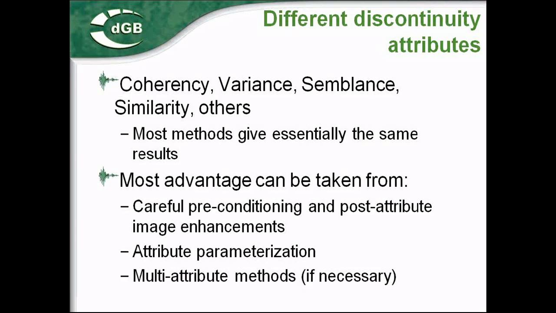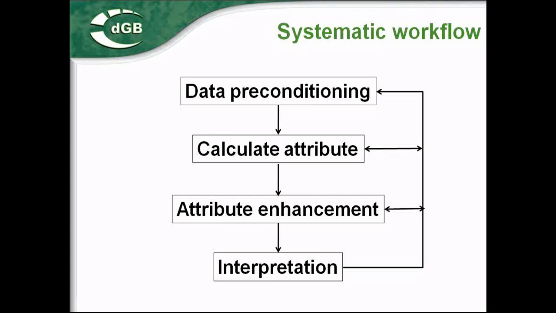That can be essential, but it's not a day and night difference between the methods. In my mind, most advantage in improving attributes here can be taken by careful preconditioning and post-attribute image enhancement, by thinking a moment about attribute parameterization, and if necessary, combining a discontinuity attribute with a curvature attribute if a discontinuity attribute alone does not give the satisfactory answer.